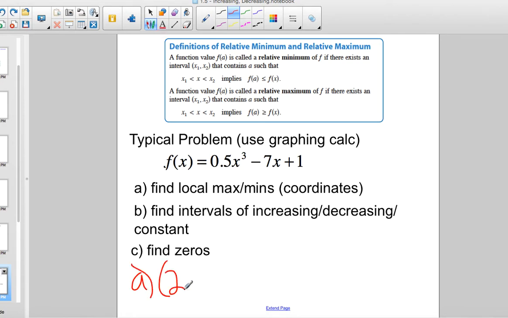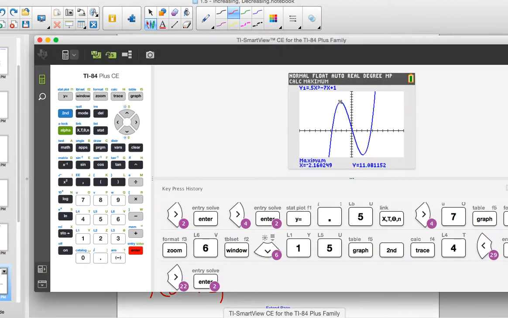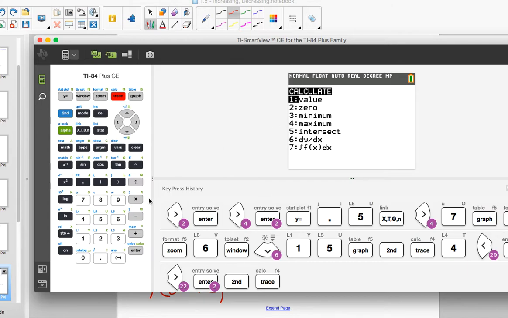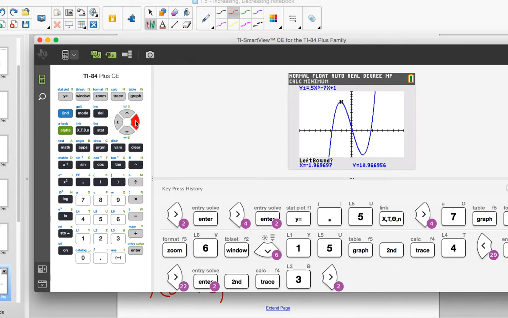So, part A. I got negative 2.16, 11.08. That's my maximum, and you'd want to put max next to it so I know which one it is. And then your minimum, you're going to do second trace, minimum this time, so I'm just going to hit 3. And it's going to ask me the same thing, left bound, so I got to get to the left of the minimum, which actually you already are.